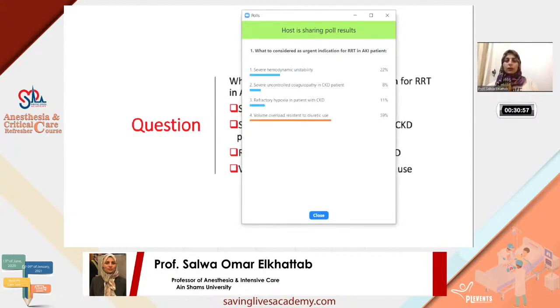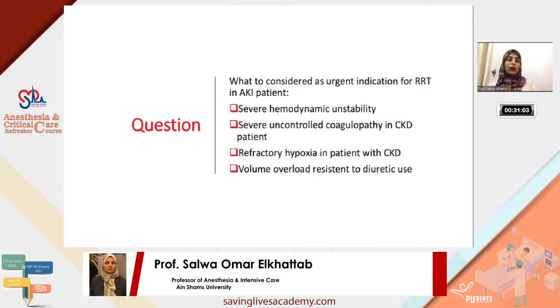Yes, hemodynamic instability might delay going to RRT. Coagulopathy might be a pushing cause to go for dialysis, so we can infuse more plasma and other coagulation factors, but it's not an emergency indication. But volume overload, which no longer responds to diuretics, is a real indication for going to urgent RRT.